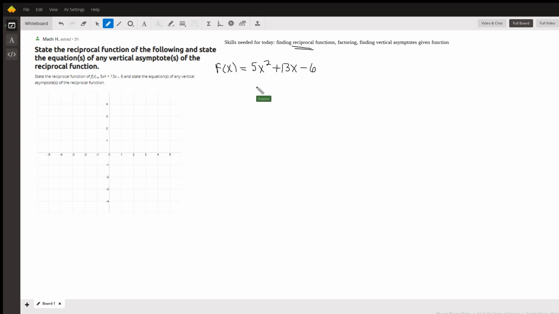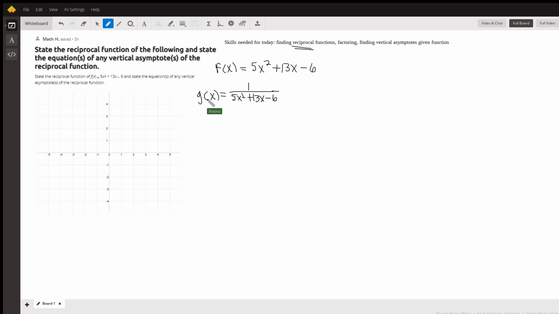So we're going to say 1 over 5x squared plus 13x minus 6. If you want to know more detail about why it's like this format, you can always message me directly and we can go into further detail. So that is the reciprocal function. We'll call it g of x. Okay, that is step 1. We are done with stating the reciprocal function.